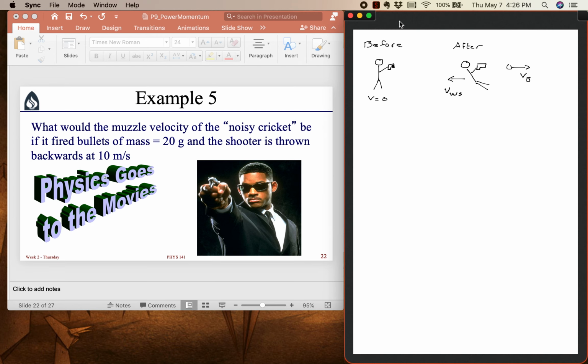So next, what we need to do is conserve momentum. So we need to write down a conservation of momentum expression.